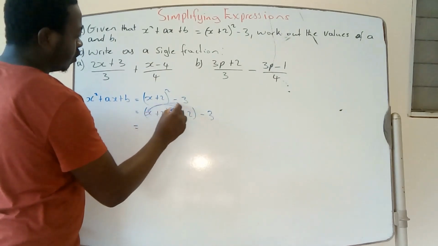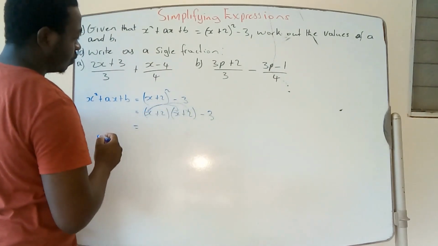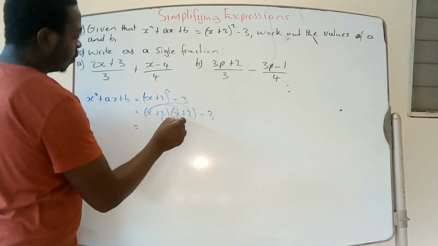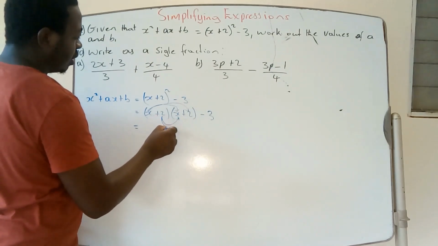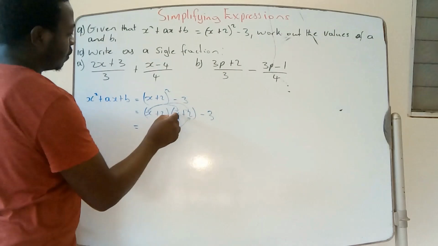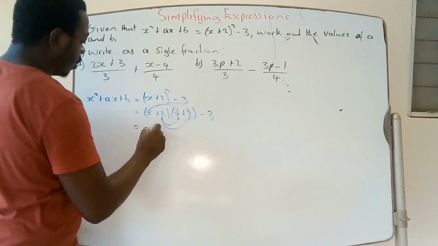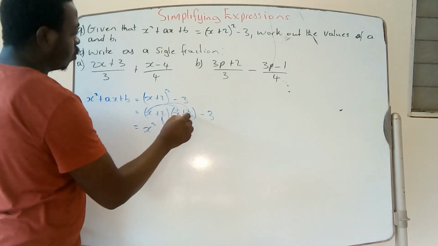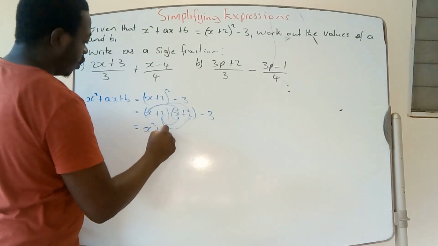Take the first term to multiply the second term. Take the second term to multiply the first term. And multiply both last terms together. Alright? So x times x gives us x squared. x times positive 2 gives us plus 2x.